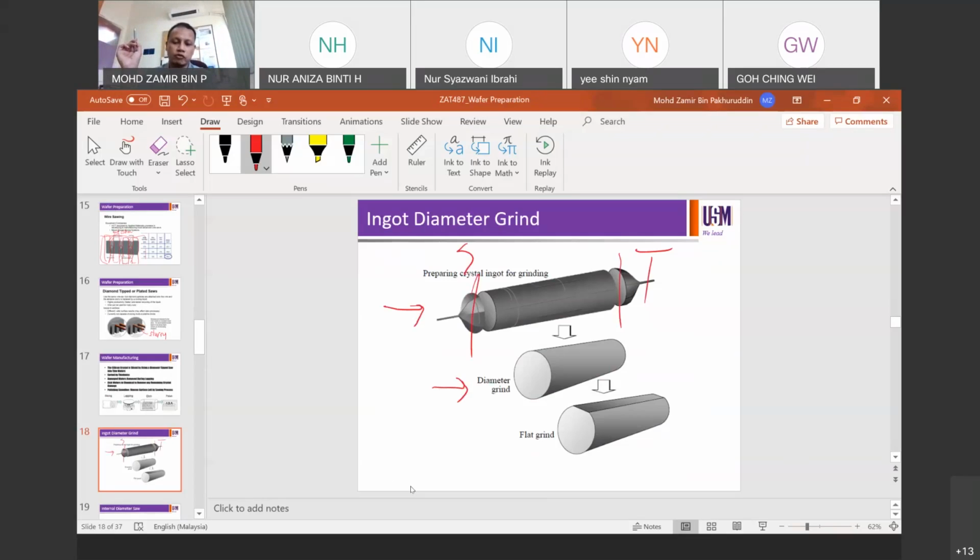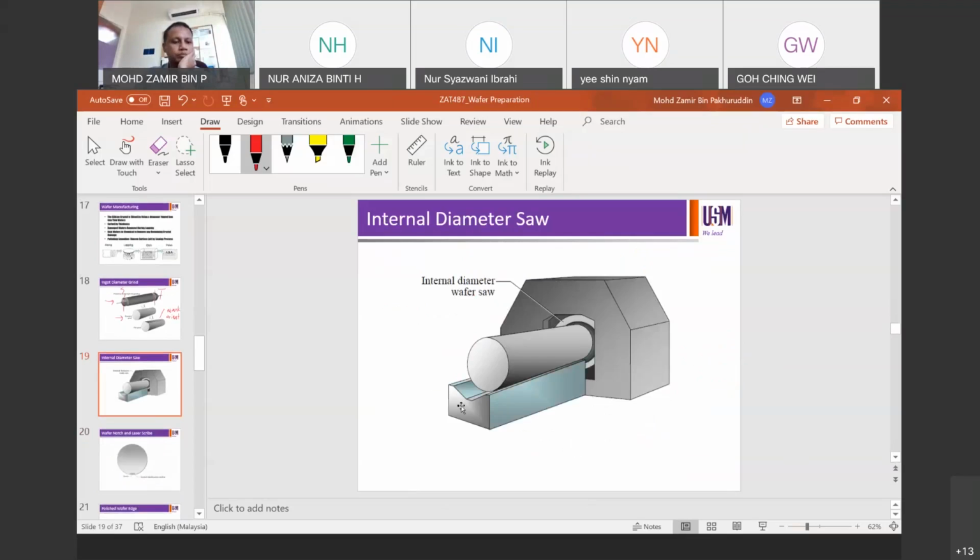Then you need to grind the flat to mark your orientation. You have to grind the flat according to the categories that we have seen just now, either diagonal or bottom or top or a combination of any. Okay.